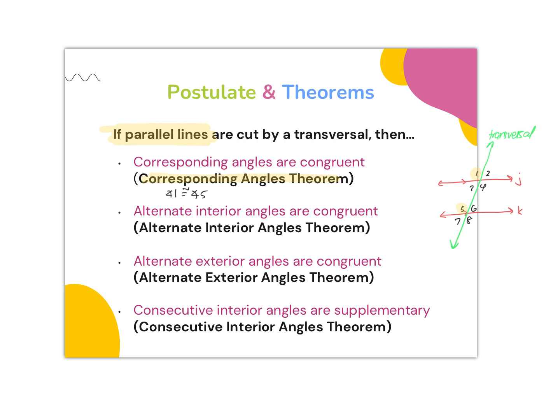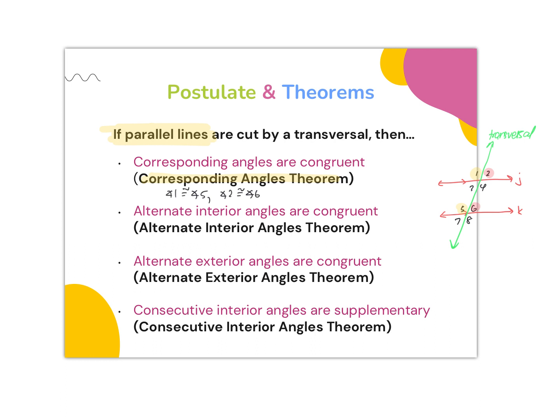Not only are they corresponding, but they're congruent. Another pair of corresponding angles would be 2 and 6. Angle 2 is congruent to angle 6 because of this theorem, but they're corresponding because they're in the same location. Notice angle 2 and 6 are above lines J and K and to the right of the transversal.